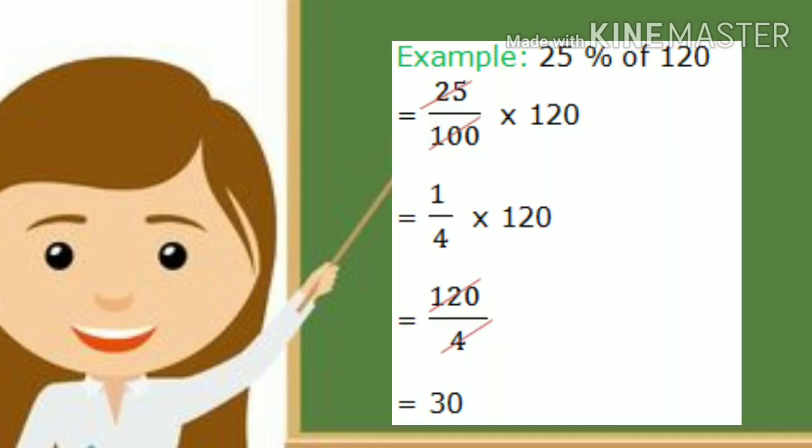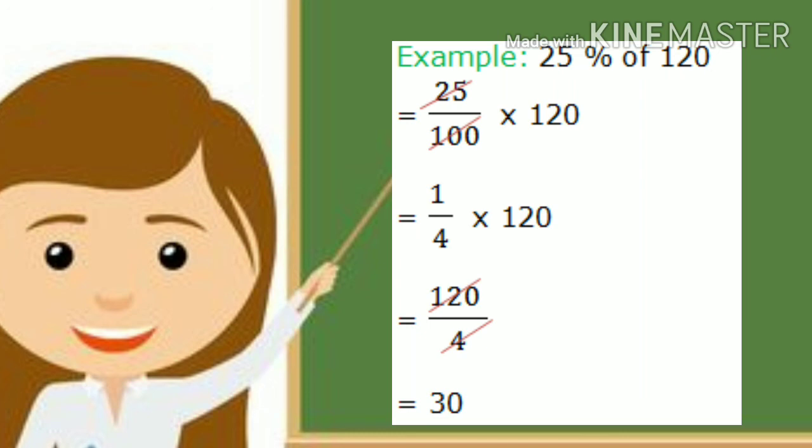Let us see another example. 25% of 120. So 25% will be written as 25 by 100. Of will be written as multiplication and then 120.